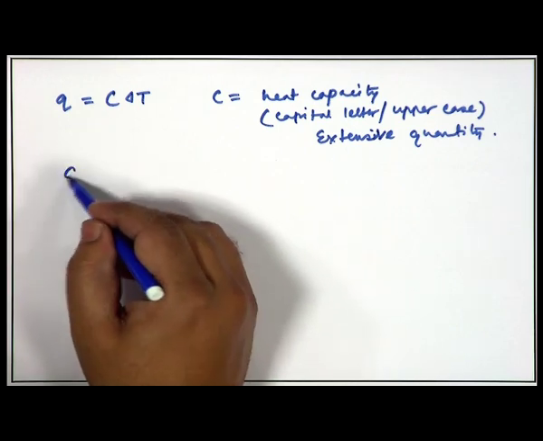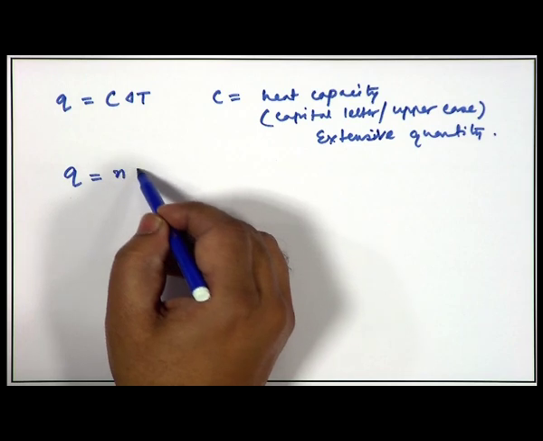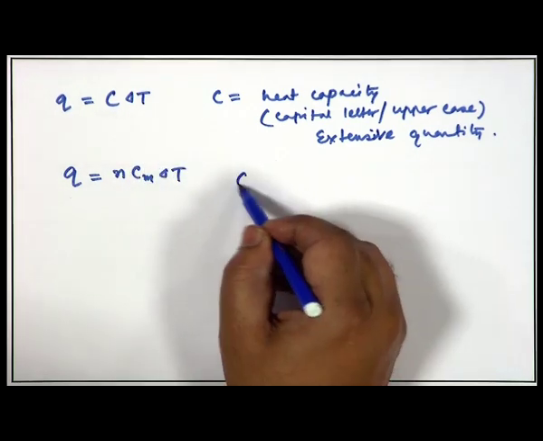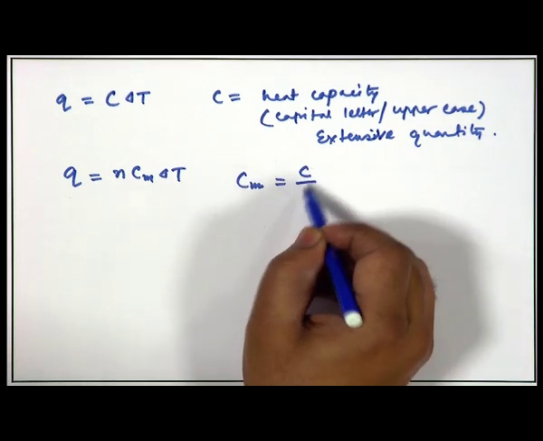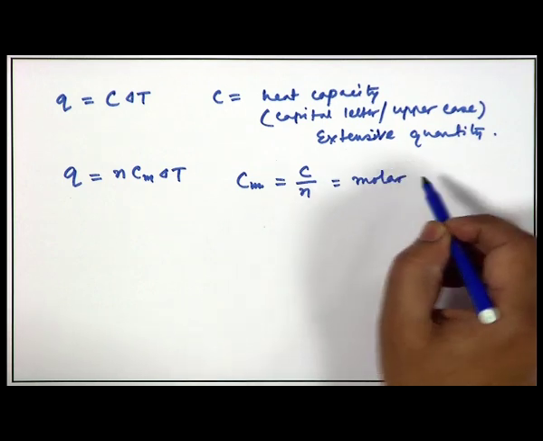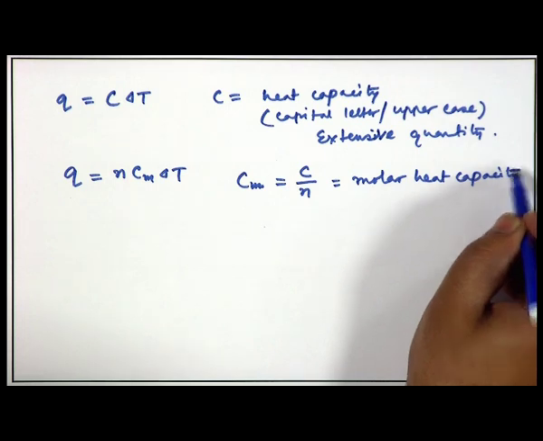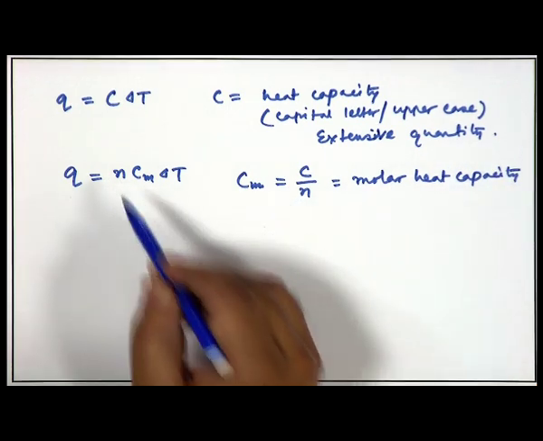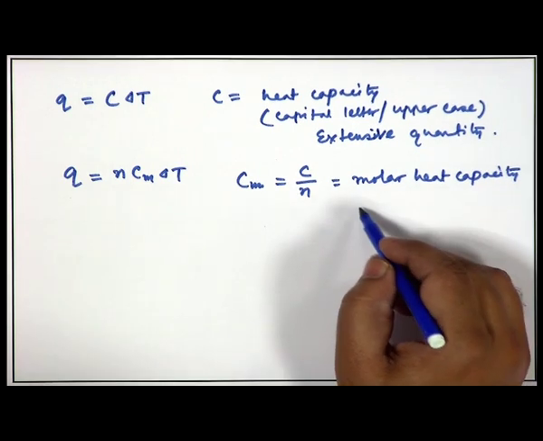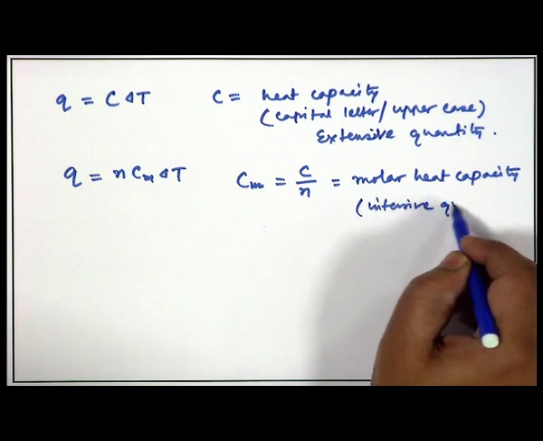Now, we can also write, if we divide by the number of moles, C is n Cm, where Cm is C by n, the molar heat capacity, and n is the number of moles. In this case molar heat capacity would be an intensive quantity.